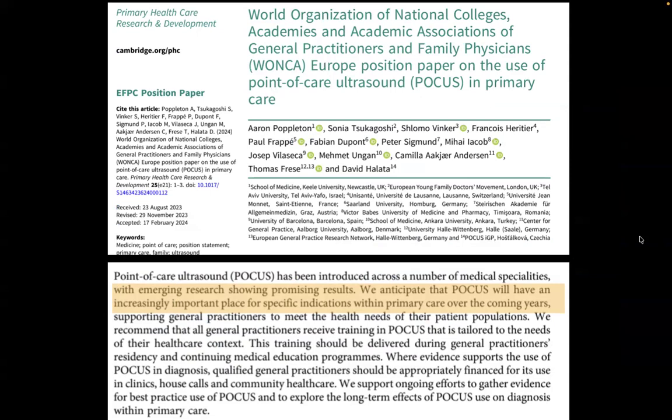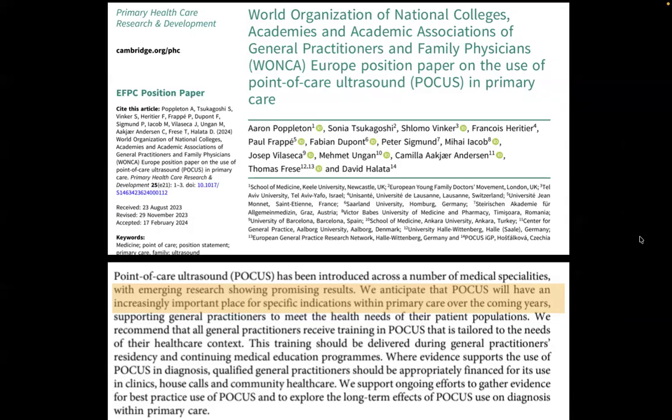To look a little at the literature, the World Organization of National Colleges, Academies, and Academic Associations of General Practitioners and Family Physicians had a position paper written on the use of POCUS in primary care.